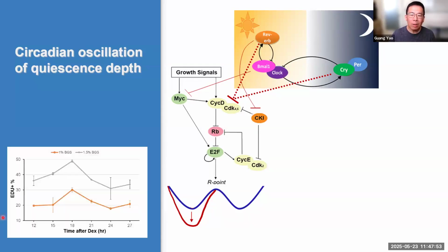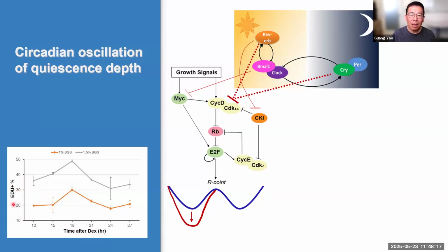So what we did is we synchronize our cells in the culture plate. We give them dexamethasone, we call it DEX. That's the hormone you can use to synchronize the cells.